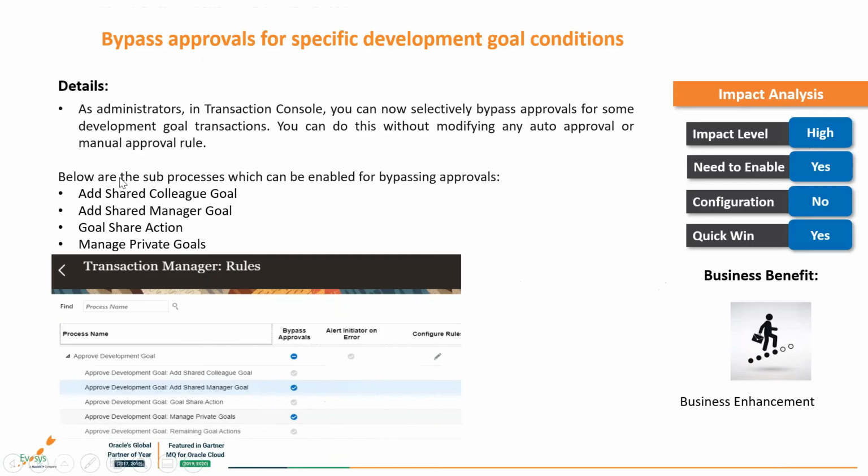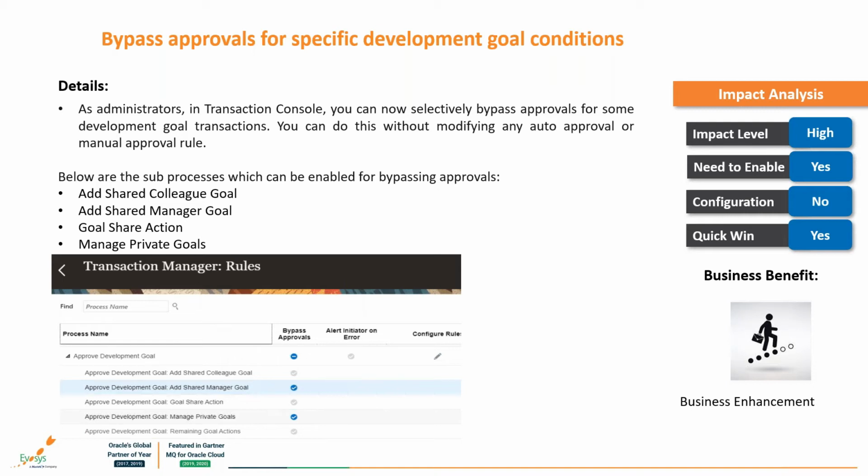So let's say you can set bypassing approvals for these: add shared colleague goal, add shared manager goal, goal share plan, goal share action, or manage private goals. Let's say an employee creates a private goal and you don't want to have any approval.